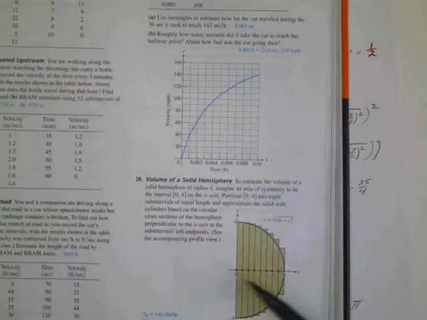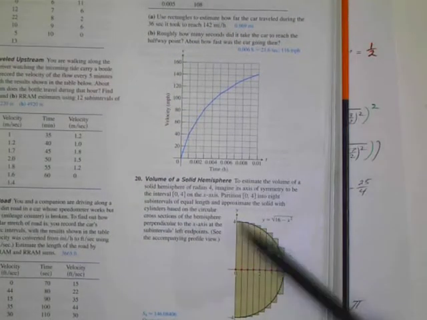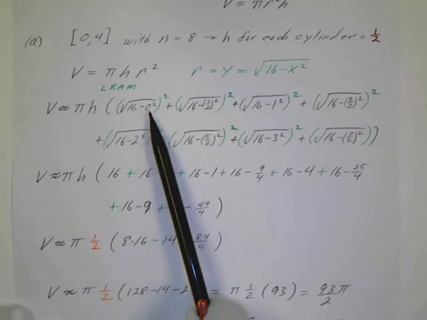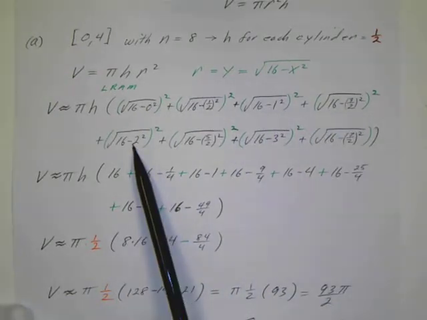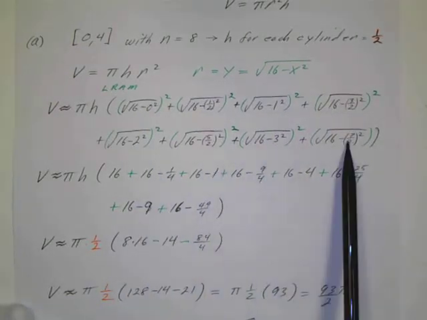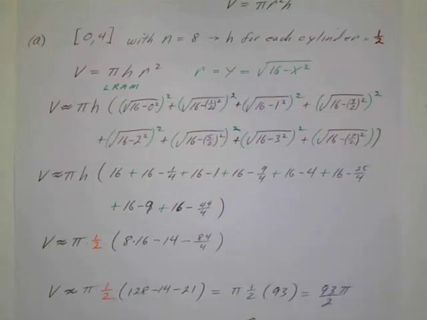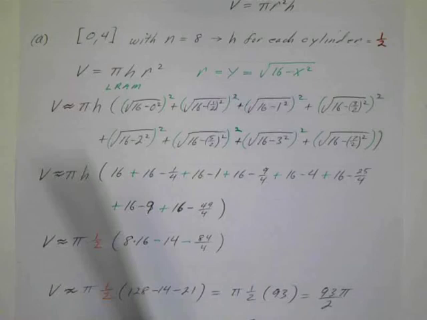The square root of 16 is 4. So if you look over here, this actually would be 4, so that does make sense. Okay? And I'm just going to use my left endpoint: 0, 1/2, 1, 1.5, 2, 2.5, 3, 3.5. Those are the left endpoints. The right endpoint is 4, and I'm not using that because I'm using the left approximation.